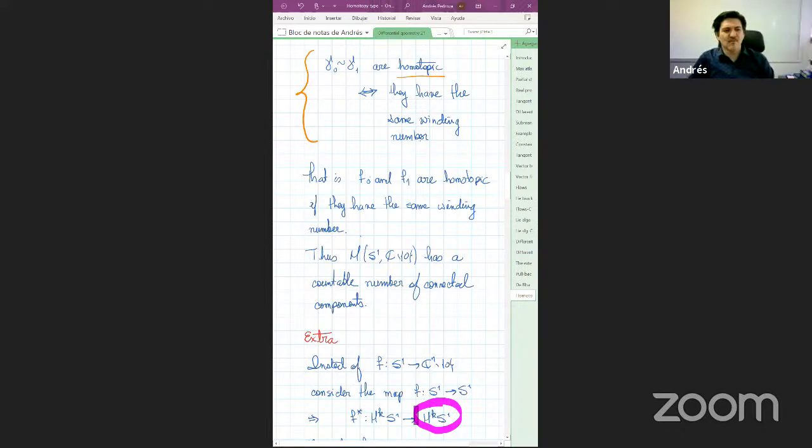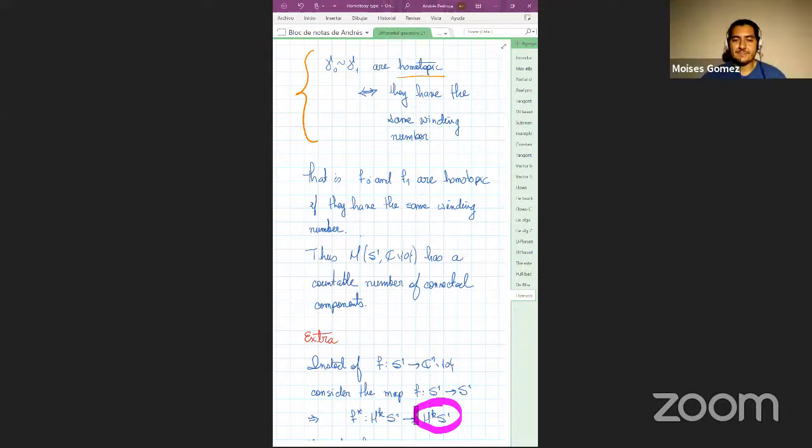So what is the cohomology of the circle? In which degree? So I have k equals 0, 1, 2, 3, 4, 5, 6, 7, 8, 9, 10.